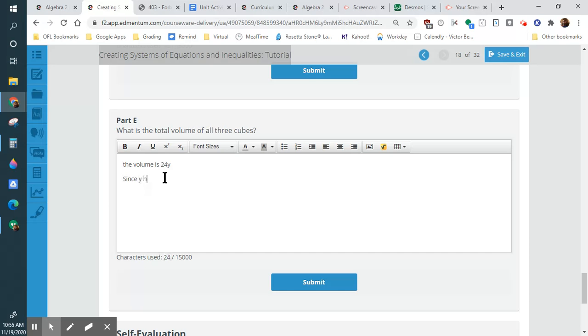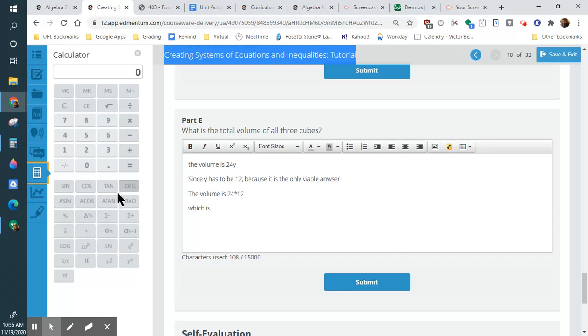Since y has to be 12 because it is the only viable answer, the volume is whatever 24 times 12 is, which is, calculator.